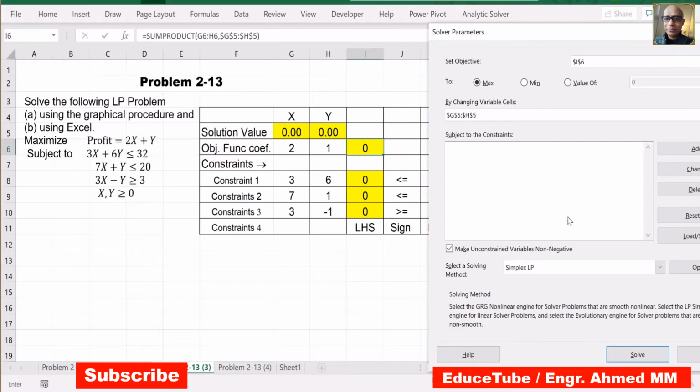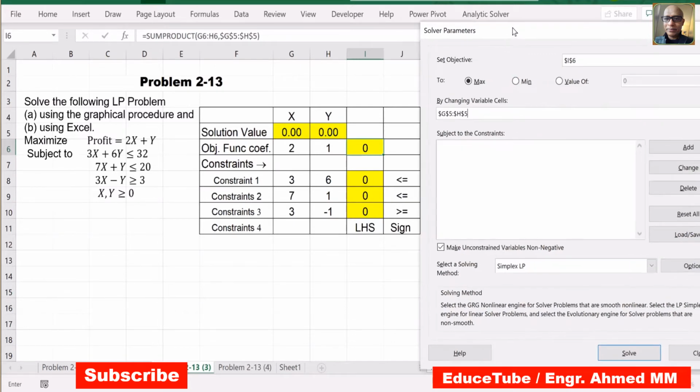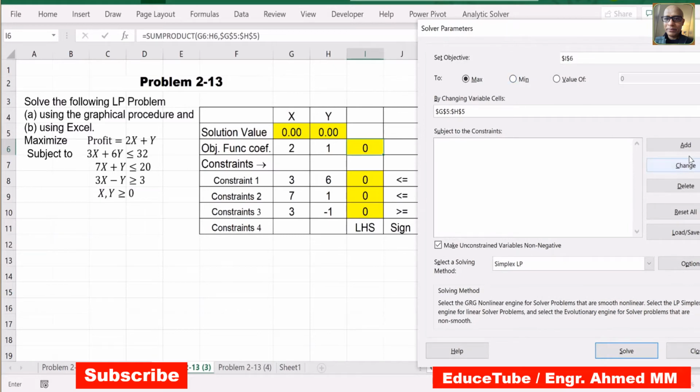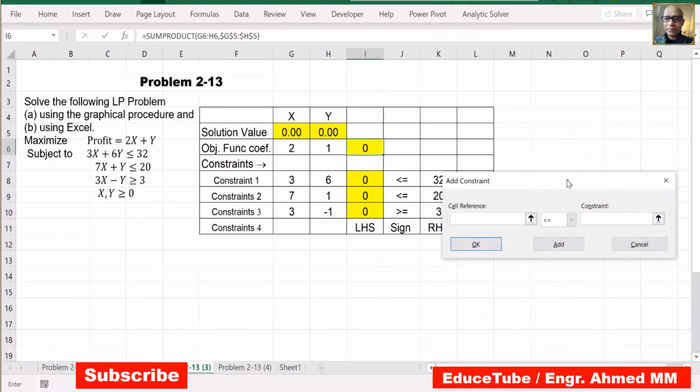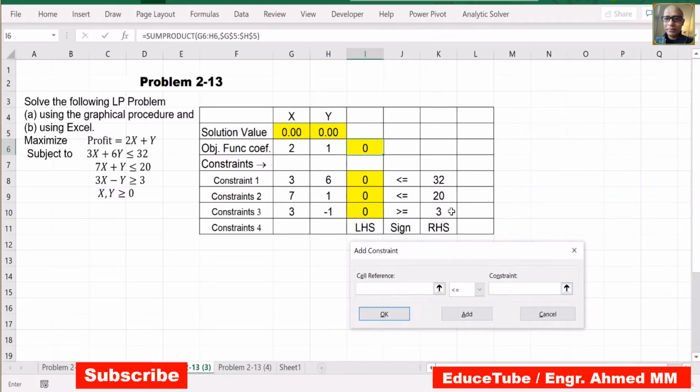Now here we have to put the Subject to the Constraints, so we click on Add. It says like this. Now we have to select the left hand side and the right hand side. I select the left hand side here, and the right hand side I select this. In between there is the sign, this one. So it is okay, add this.